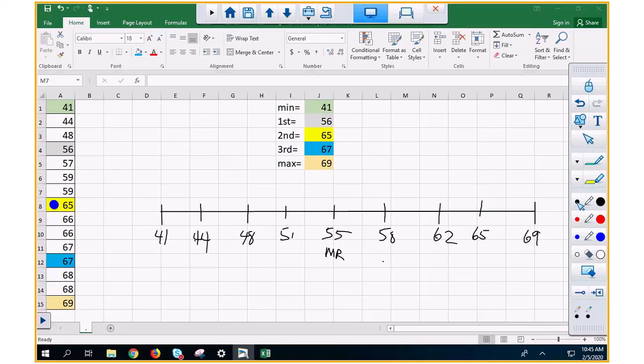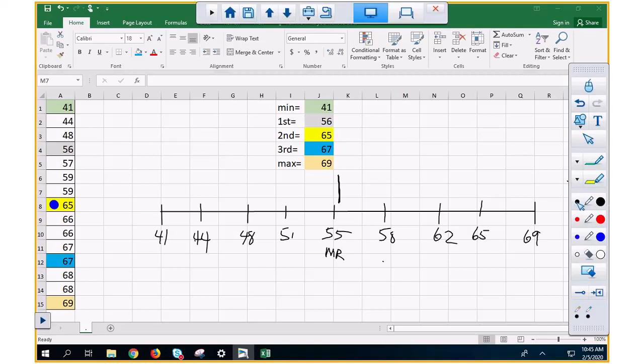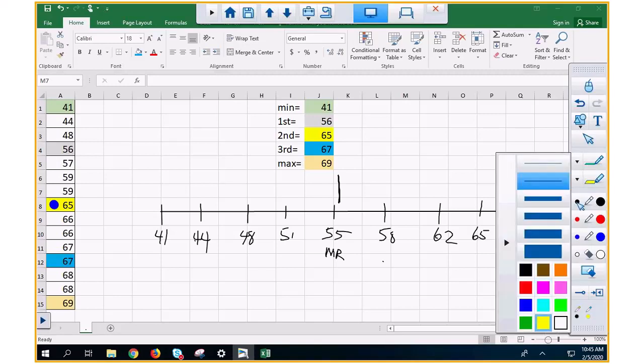So our gray, I don't think I have gray, so I'm going to use black, is 56. And our yellow is 65. Y'all hear it out there? 65 is right here.